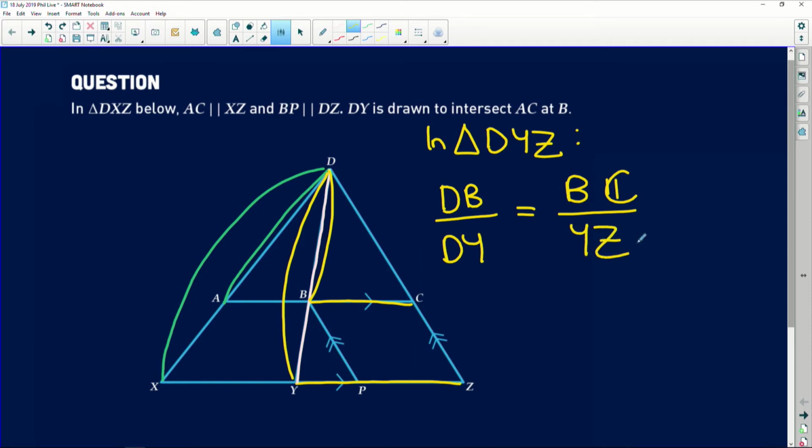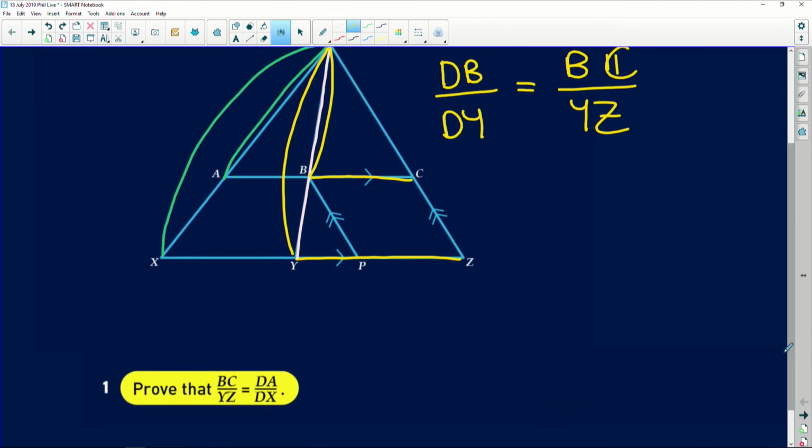Okay? And that's already one side of the ratio that we need to prove. We now have an expression for BC over YZ.